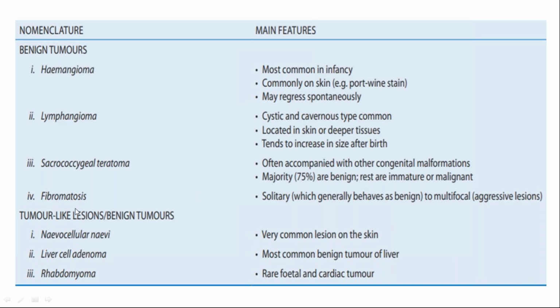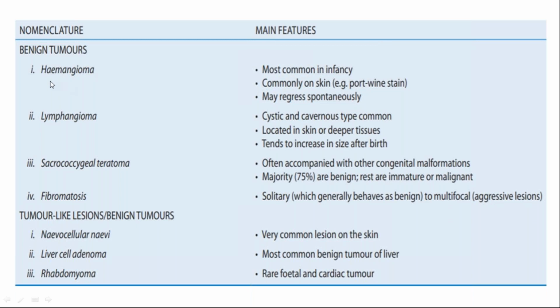Next is fibromatosis. It is nothing but accumulation of fibroblasts. Generally it is either solitary, which is benign, or it can be aggressive fibromatosis also. Fibromatosis means increased production of fibroblasts at one place. These are the benign tumors we encounter during childhood.